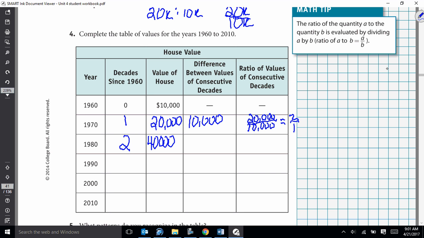Thank you. And then what happens between our difference in values? So what's 40,000 minus 20,000? And then the ratio of consecutive values. So we have 40,000 and 20,000.